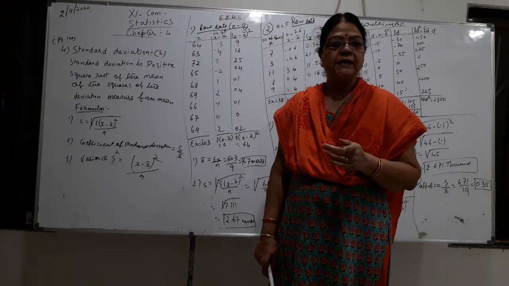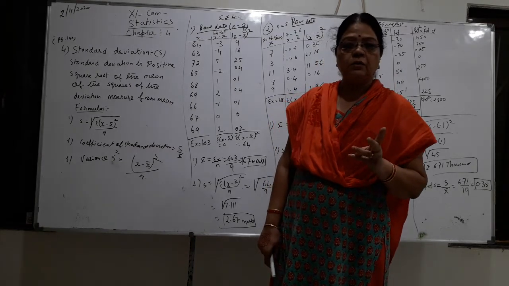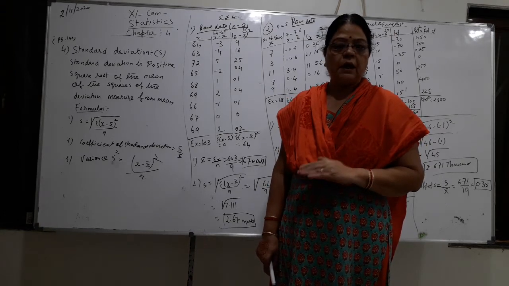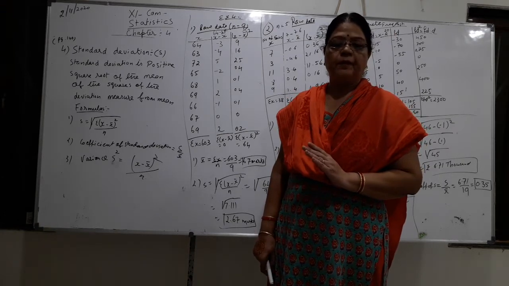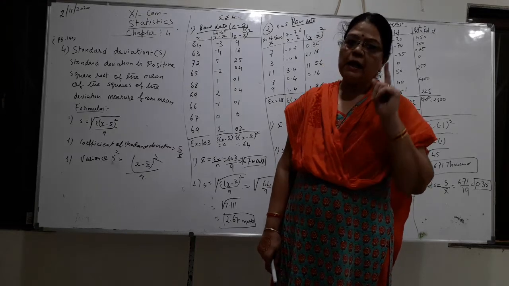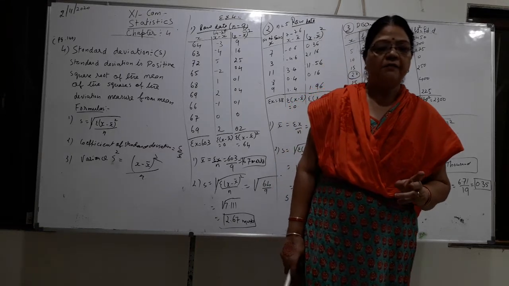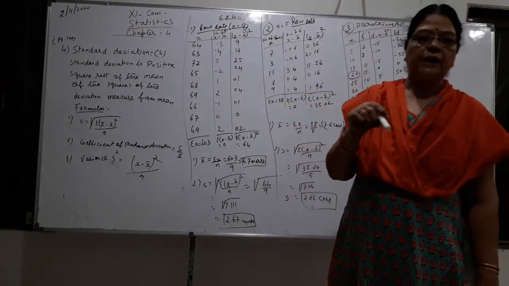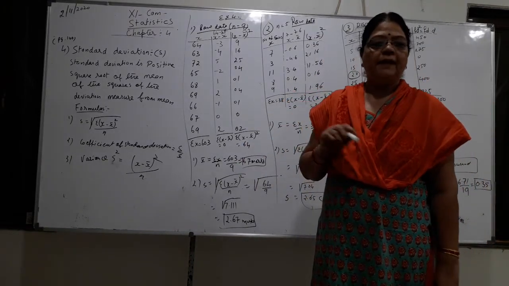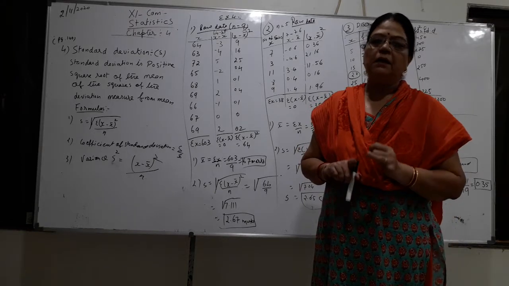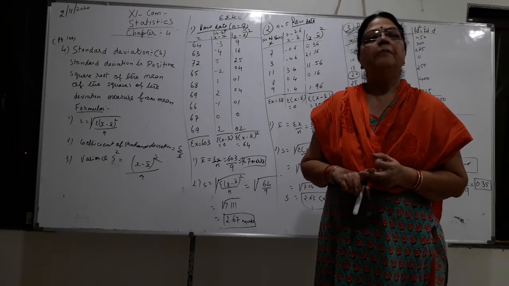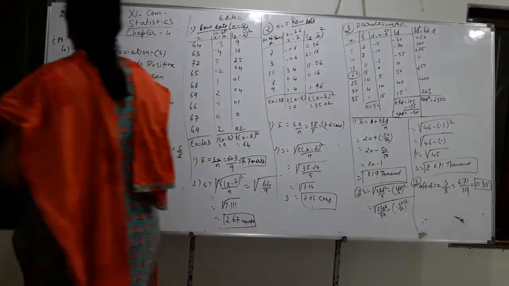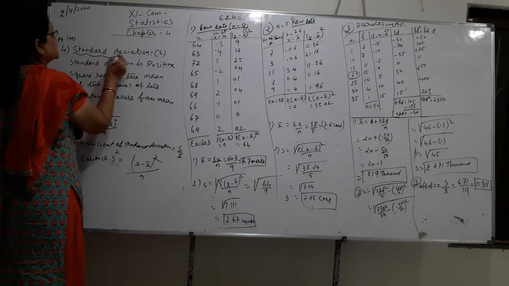Like quartiles, we worked out by arranging in increasing order, (n plus 1) upon 4, and if it is continuous, n upon 4. And the second one, L plus n upon 4, whichever it is, third quartile, second quartile. In that way we worked out the second method, the quartile method. Third one, mean deviation. And the fourth one, what we are going to study today, is standard deviation.